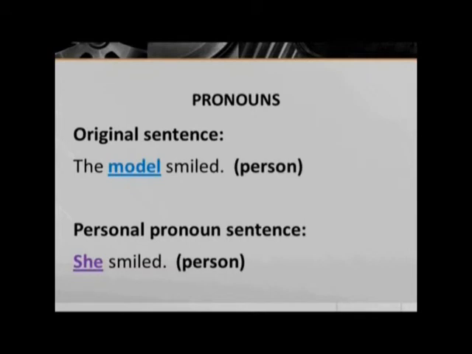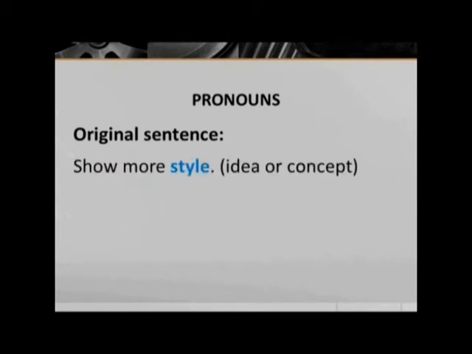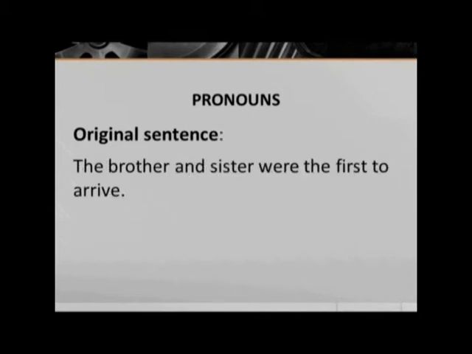We have another original sentence. Show more style. Style, as we said before, is an idea or concept. We're going to replace style with the pronoun. Show more of it. It is replacing style. It's also an idea or concept because it's replacing an idea or concept. Original sentence.